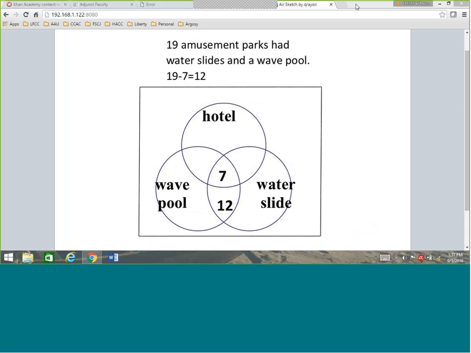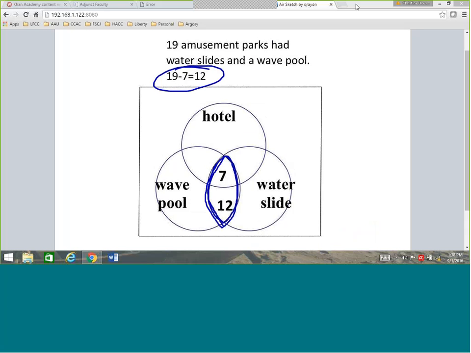Okay, so moving up the list of given information, I started at the bottom and I'm working up. The next thing up tells me I have 19 amusement parks with water slides and wave pools. So that tells me in the water slide and wave pool intersection, which is this piece right here, I should have a total of 19. I already have 7 because 7's in the intersection of all 3. So I'm going to take 19 minus 7 and get 12.